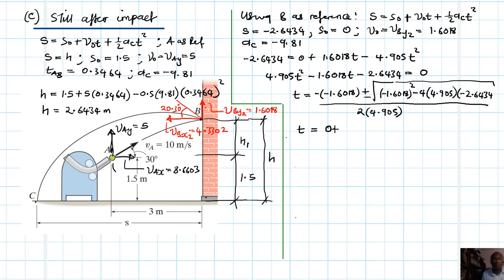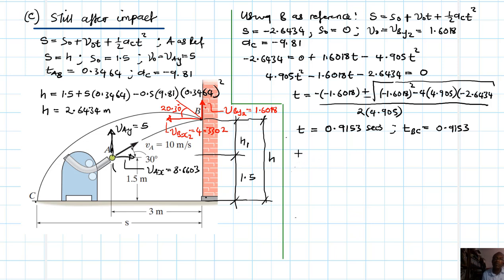So we do have the time, which is just 0.9153 seconds. So this is our TBC, which is this particular time.